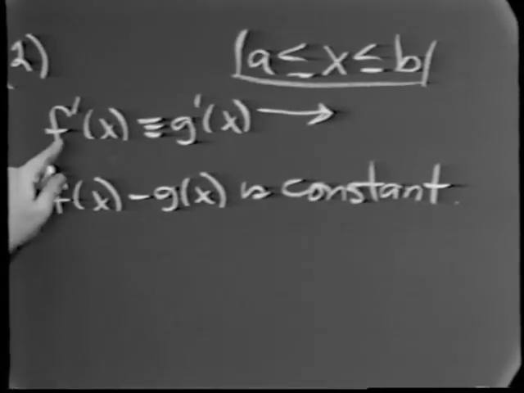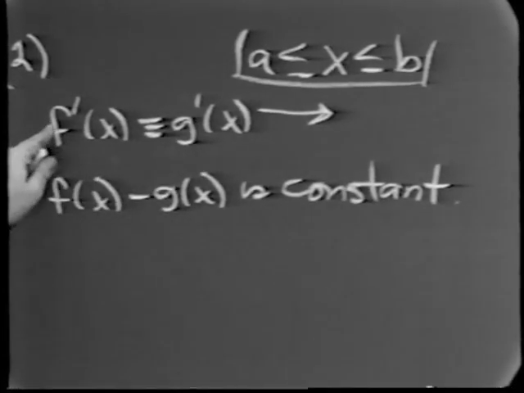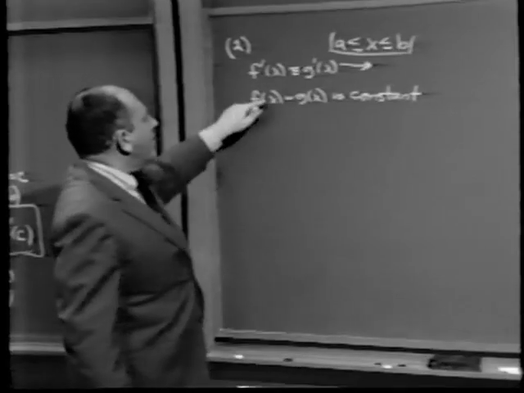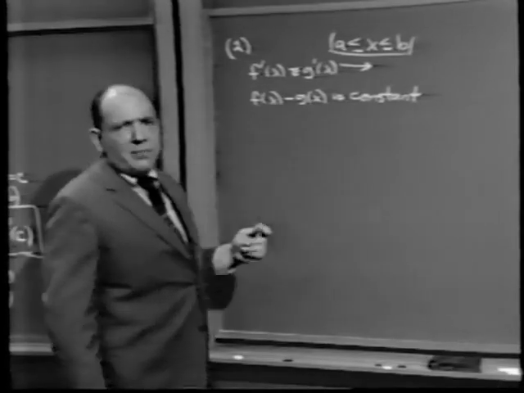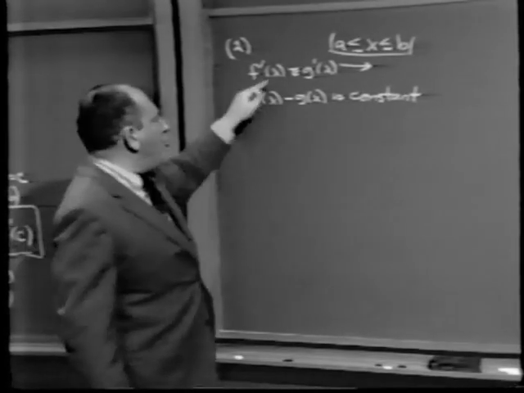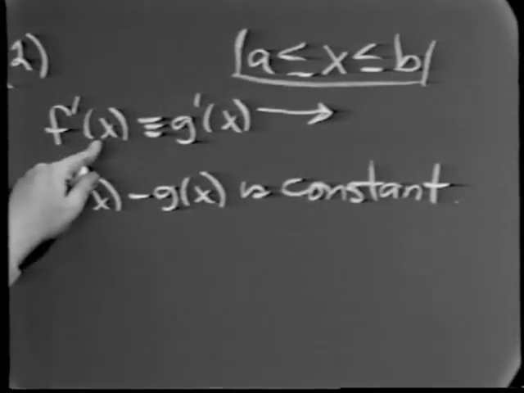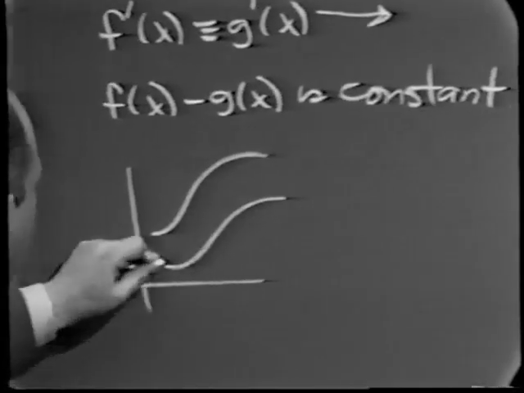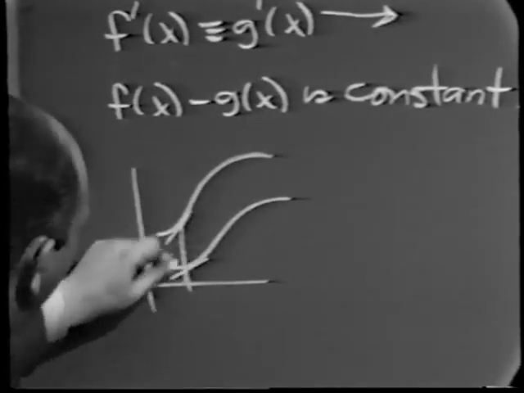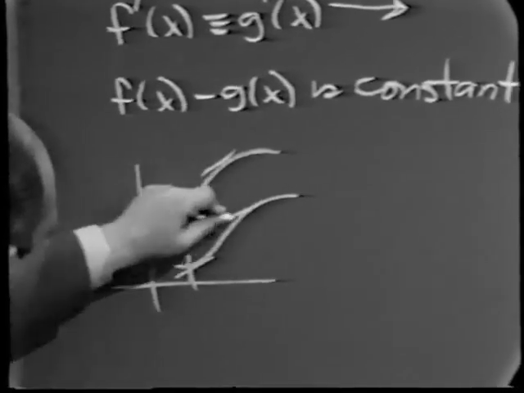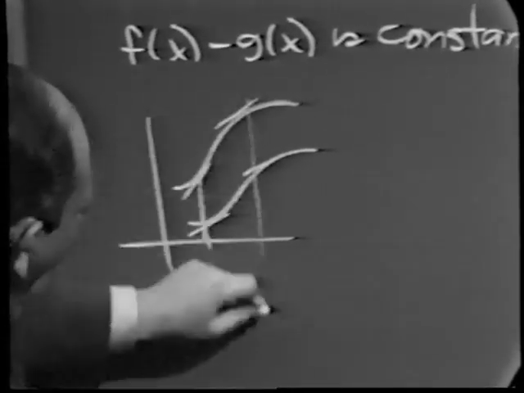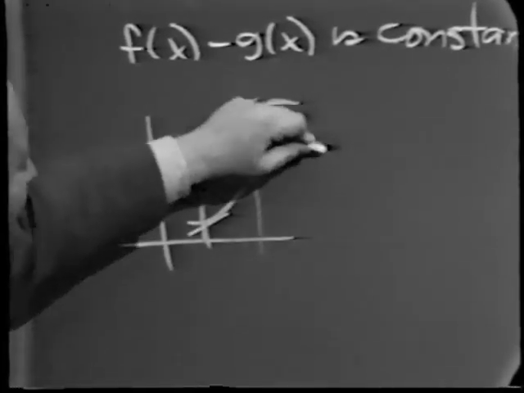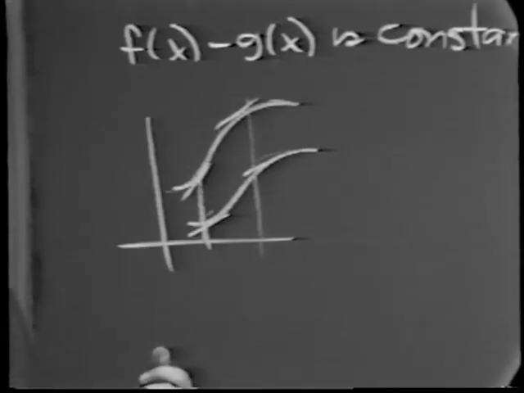Now, you would like to be able to say maybe that if f prime is equal to g prime, f equals g. But that's not the case. What is the case is that the difference between the two functions must be a constant. Again, geometrically, what you're saying is that if you have two curves which point by point always have the same slope, in other words, for each x value the slopes are the same, isn't this essentially saying that the two curves are parallel?